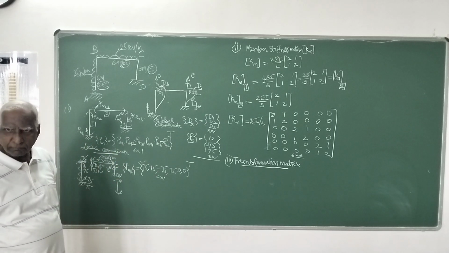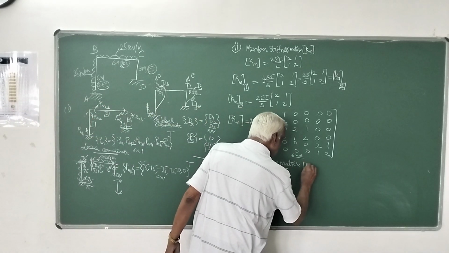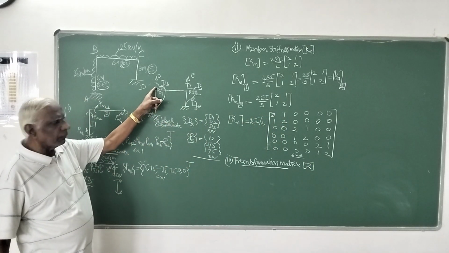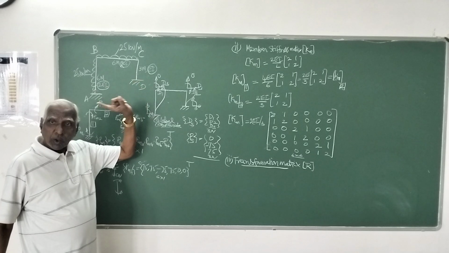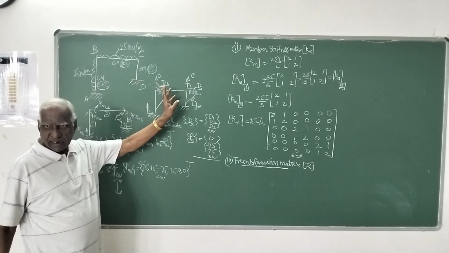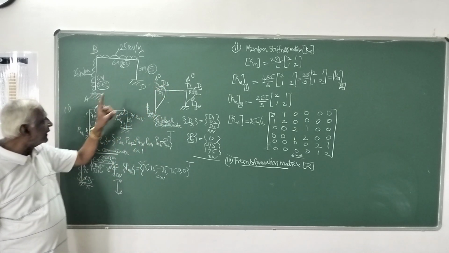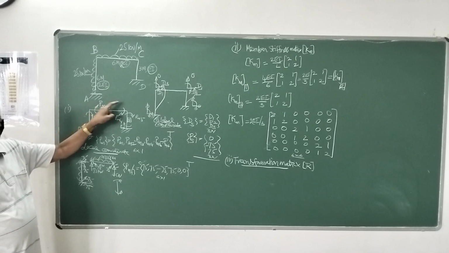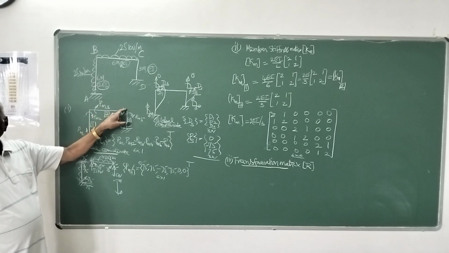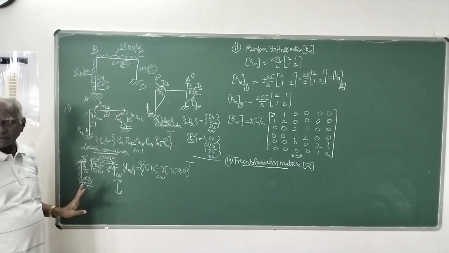So the transformation matrix, how are you determining it? You have to apply unit displacement along each of the global coordinates, one at a time, and find the corresponding displacements corresponding to the local coordinates which you have selected.